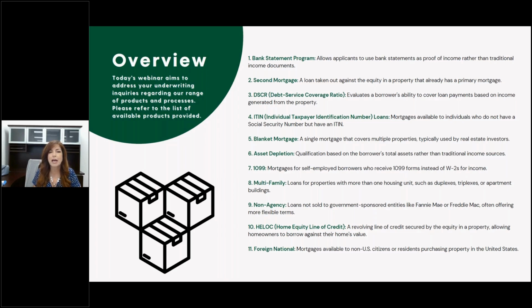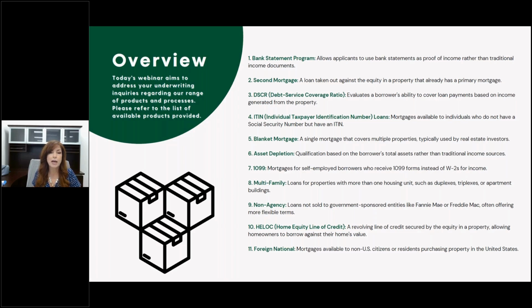Those that refinanced or bought a house a few years ago when the rates were 3% probably are not going to want to do a cash out refi and lose that low rate. However, they want to tap into the equity they have in their home for whatever reason. So they have the availability of a second mortgage or a HELOC. That allows them to tap into that equity and use it for other purposes without affecting their first mortgage rate.